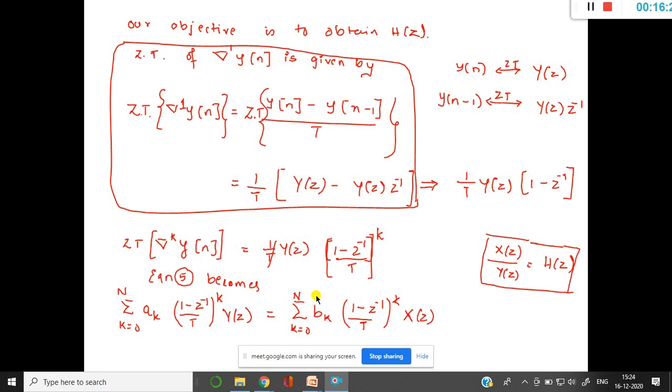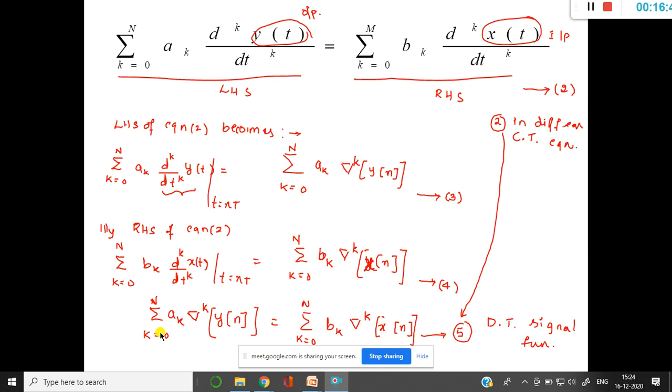Okay. So I'm trying to extend this kth order to equation 5. So similarly, equation 5 can be represented as summation k runs from 0 to n, ak times (1 minus z inverse by T) whole to the power of k, Y of z, that is the left hand side of equation number 5.